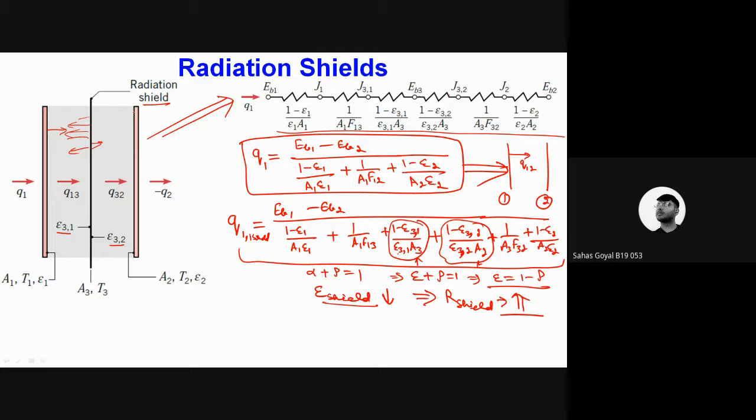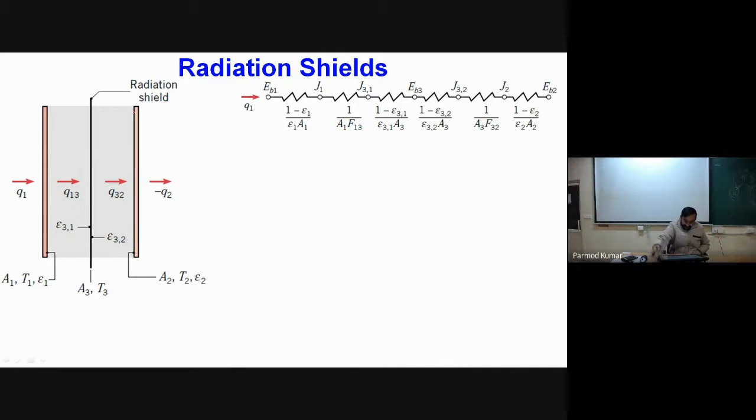Yes, sir. Now let us discuss a special case, that if we have all the emissivities of the shield and the surfaces to be the same, say epsilon 1 equal to epsilon 2 equal to epsilon of shield on either sides is equal to some epsilon. Okay.